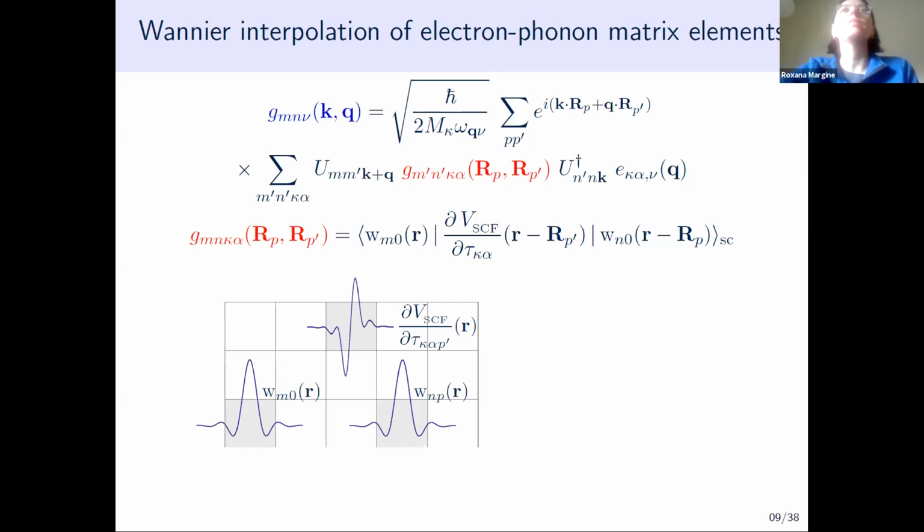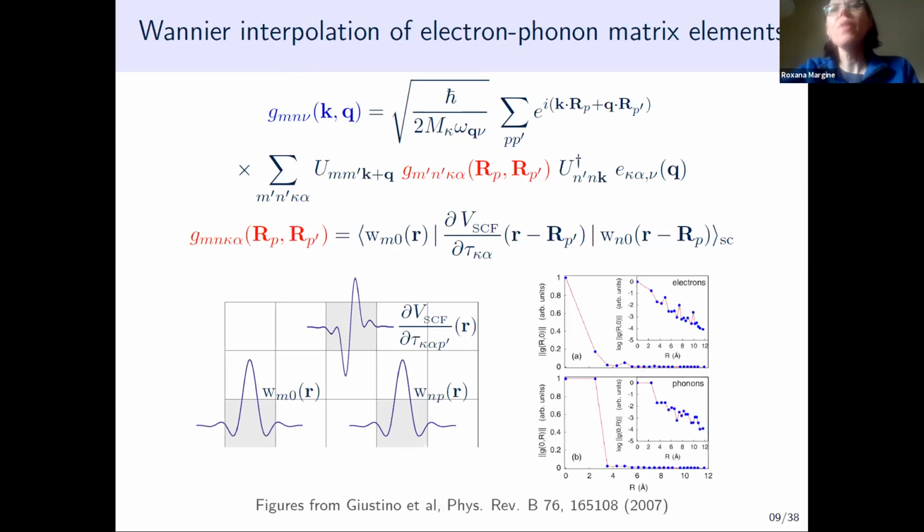Then, once we know the electron-phonon matrix elements in the Wannier representation, we can go back to any mesh in the Bloch representation. Here in this plot, I'm showing an example of the spatial decay of the electron-phonon matrix elements in diamond, for 2 limiting cases.